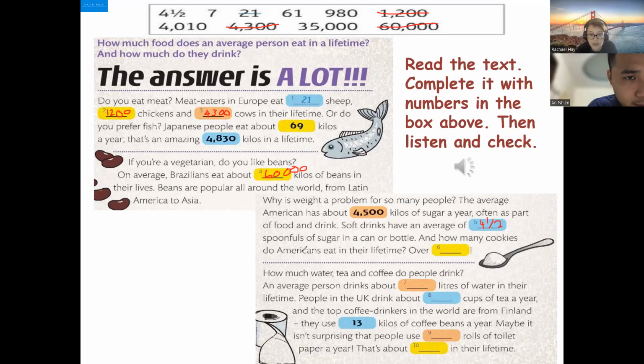And how many cookies do Americans eat in their lifetime? Over 980. How much water, tea, and coffee do people drink? An average person drinks about how many liters of water in their lifetime?